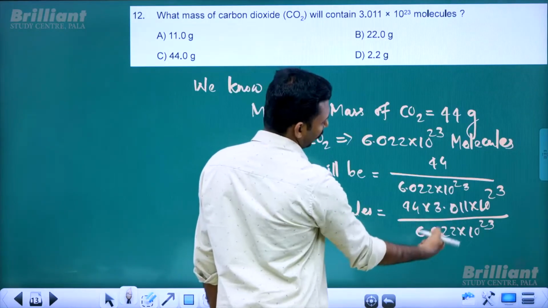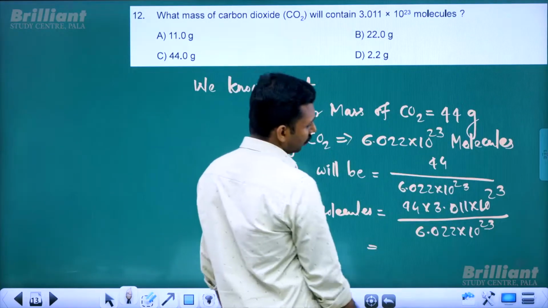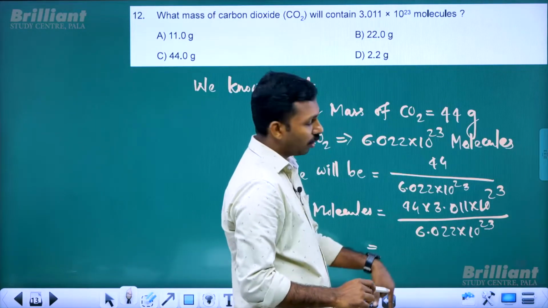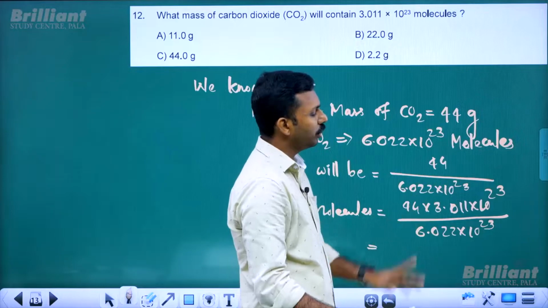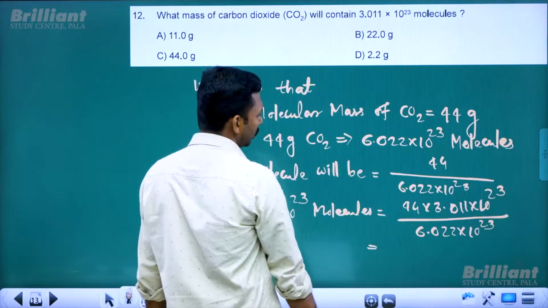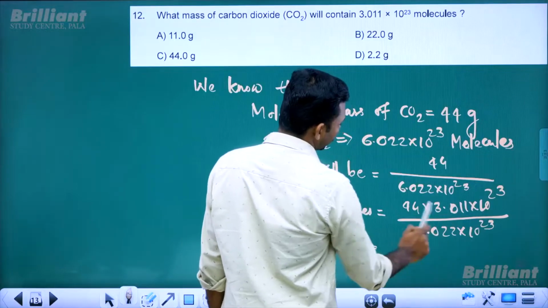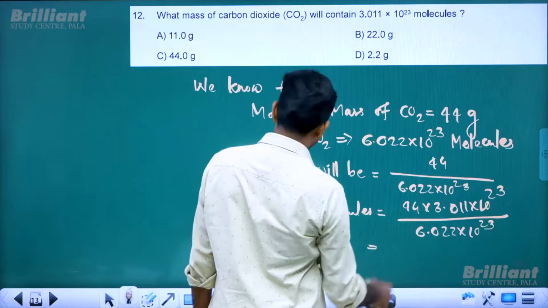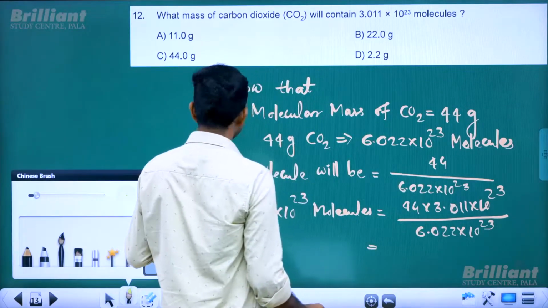So these two may be cancelled, right? Because 6.022 into 10 raised to 23 is a double of 3.011 into 10 raised to 23. 10 raised to 23 and 10 raised to 23 can be cancelled. 3.011 and 6.022 can be cancelled each other. So there will be what?